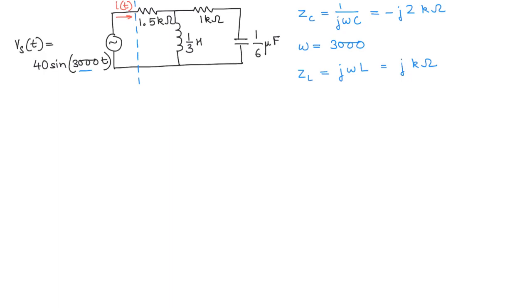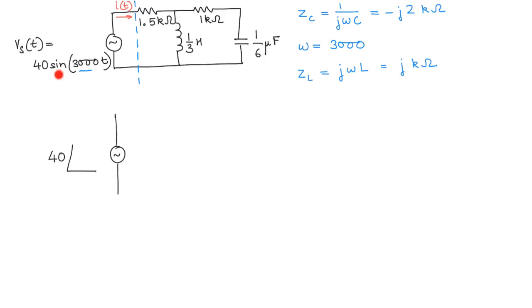So we can redraw this circuit in the phasor notation. You have the voltage source here, and the amplitude of the voltage source is 40. What's the phase? You may be mistaken and say the phase is 0, but that wouldn't be right, because here we have a sine and not a cos.